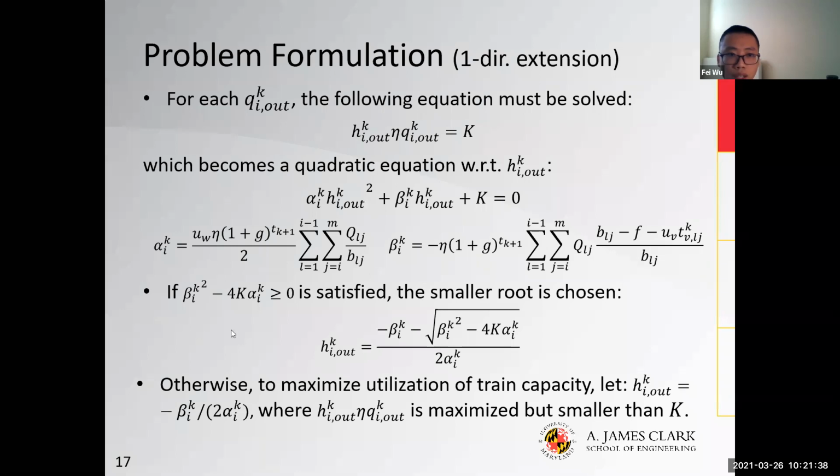If this inequality is satisfied, we can use the smaller root of this quadratic equation, from which we can obtain the maximum allowable headway for one direction through the link i. Otherwise, if this inequality is not satisfied, we use the headway that maximizes the utilization of train capacity.